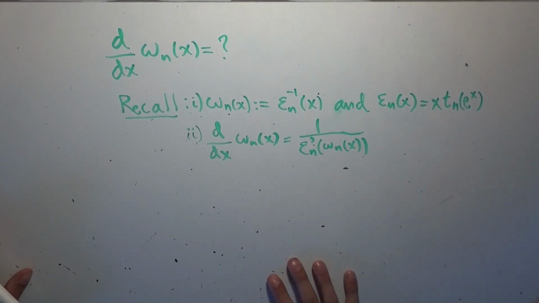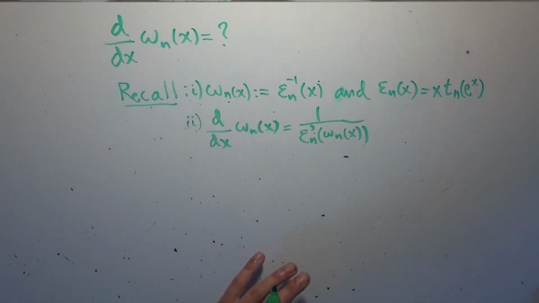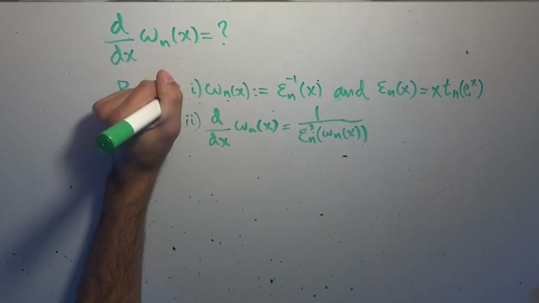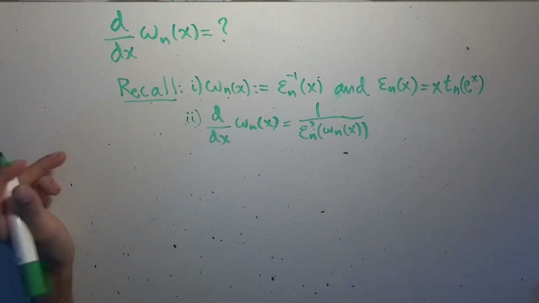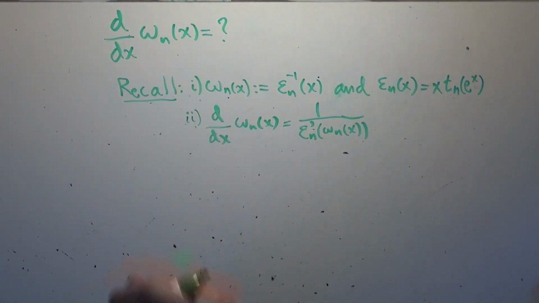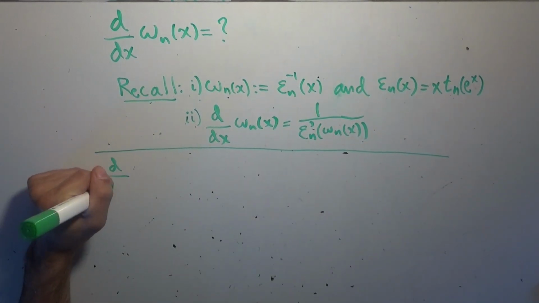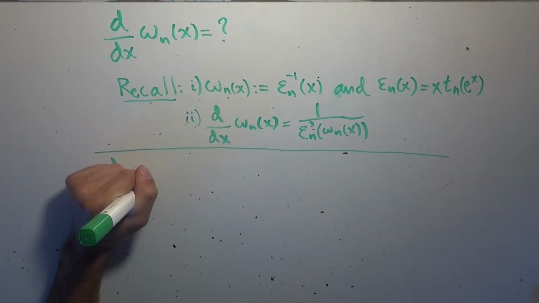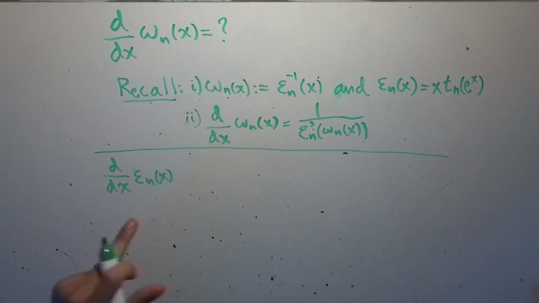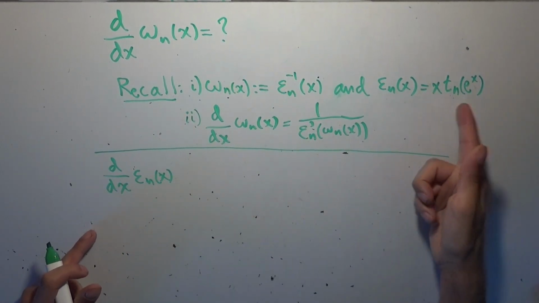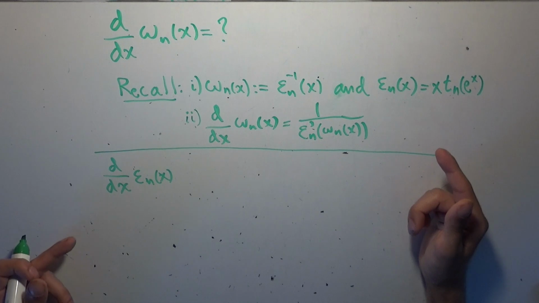And I did a video on that quite some time ago, and I'll link to it now. And so, at the very least, this question about what to do with the derivative of the omega function can be reduced to, maybe we could answer this question instead. What's the derivative of the nth epsilon function? Because clearly, these are functions we understand more about because we can write them in closed form, at the very least, right?